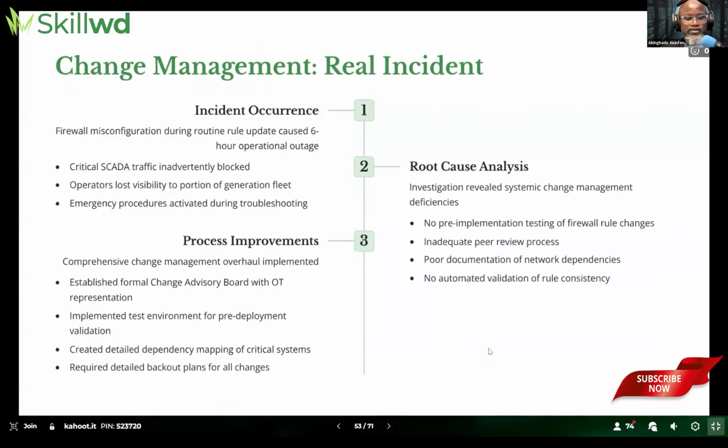Okay, change management. This is the same thing, the normal change management. I'll skip this. This time around it's just for OT. How do you make sure that if there are changes made, we have a process to track those changes? And do we test those changes? Do we have a change advisory board with OT representation there? And so typical.